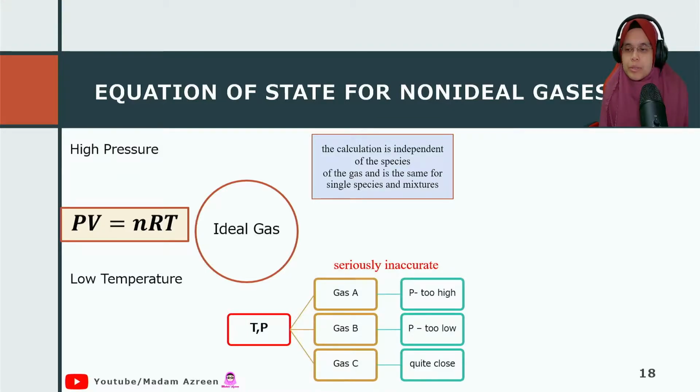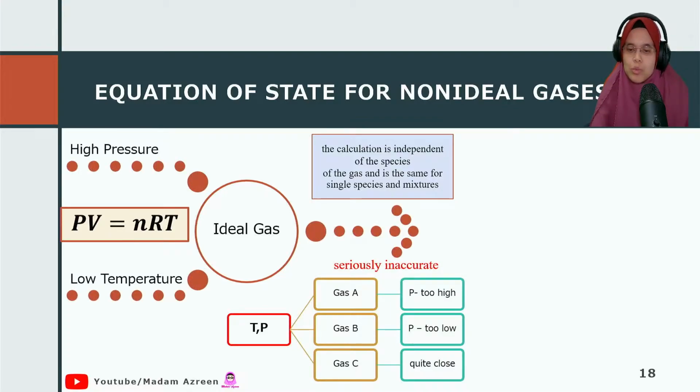So people tend to find an alternative way to explain this identity of gas. So we are shifting from an ideal gas to a non-ideal gas. Okay, bear in mind that it occurs at certain temperature and pressure.